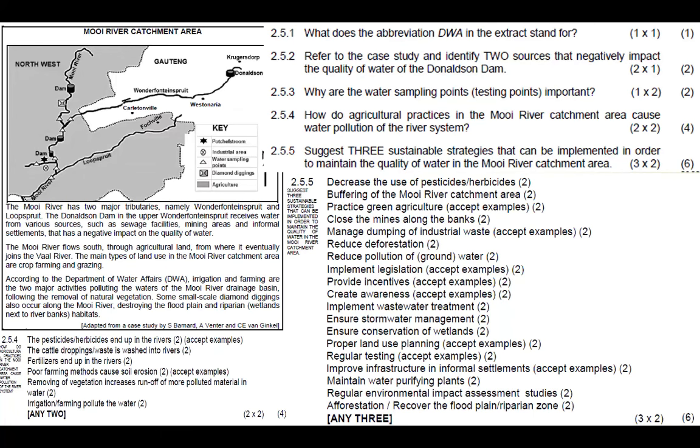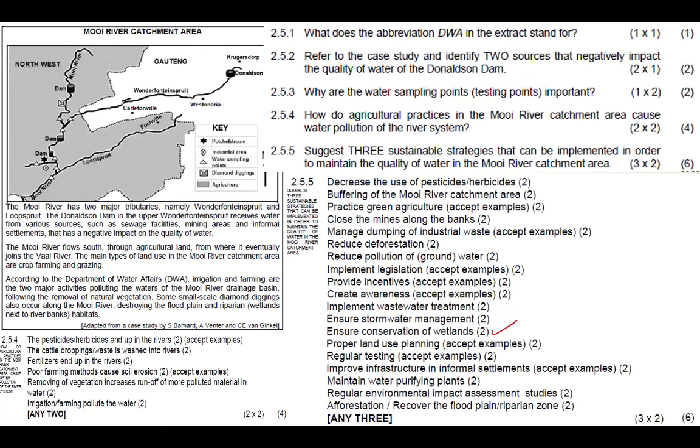And then in order to preserve water, we can also conserve wetlands. You know what wetlands will do? Wetlands are going to clean a river. They serve as a sponge. They absorb the impurities and allow the water to flow, and the water is being cleaned. So when it comes to these strategies, please, the strategies are very practical. They are very applicable. You need to think thoroughly about them.